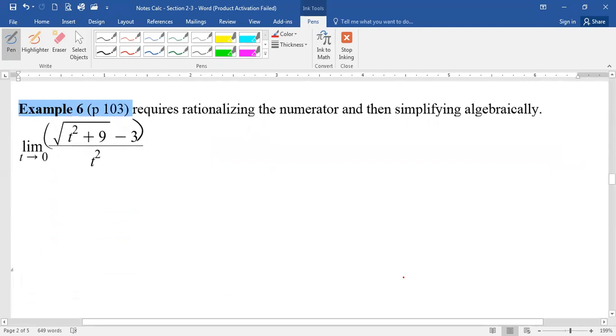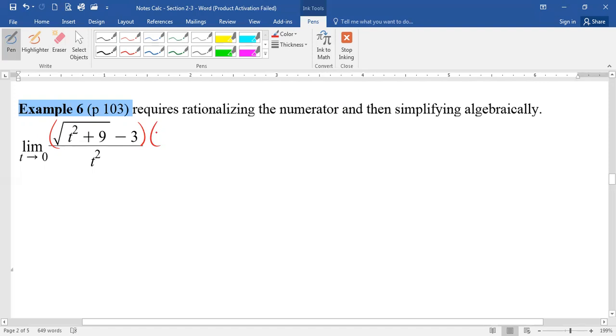All right, so let's look at this example. Now, this one requires rationalizing the numerator and then simplifying it algebraically. So rationalizing the numerator is really no different than what we did with rationalizing the denominator. We're going to take the top and bottom of this times the same thing, but remember when you're rationalizing, you're multiplying by the conjugate.